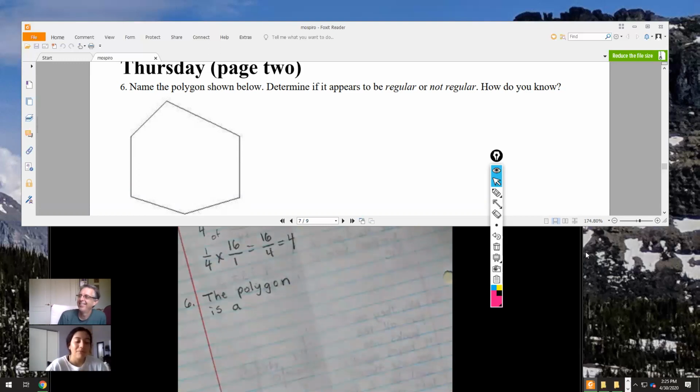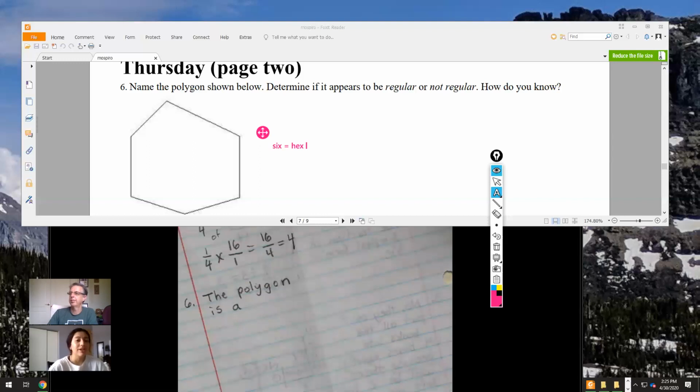All right, the polygon is a, and so the way to determine a polygon is by counting its number of sides. So when you count these, there's 1, 2, 3, 4, 5, and 6. So when a shape has 6 sides, that means it is a hexagon.